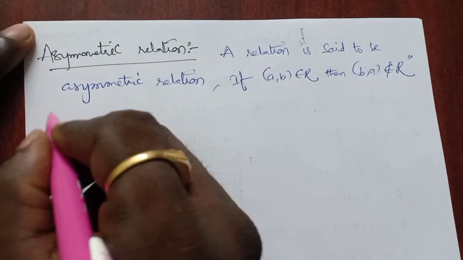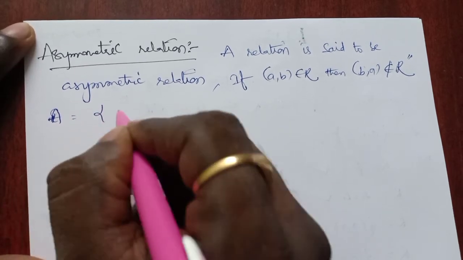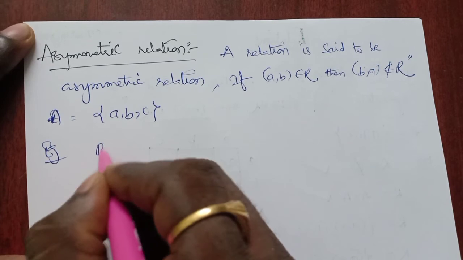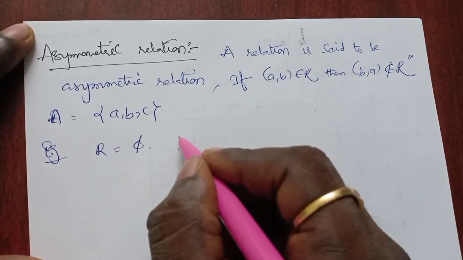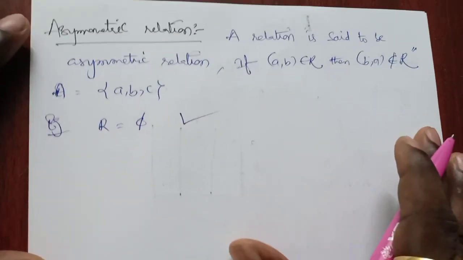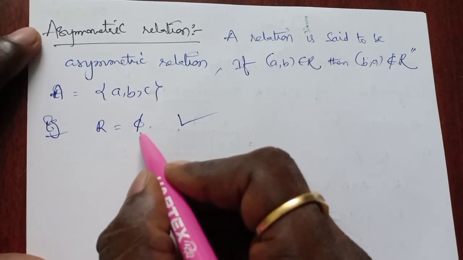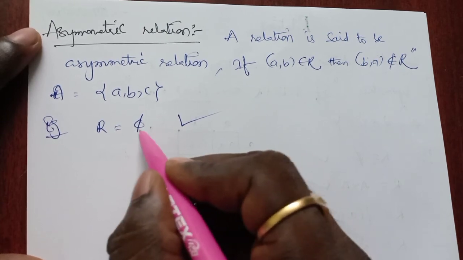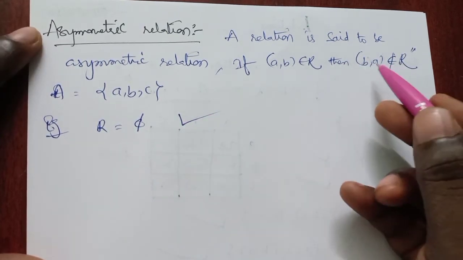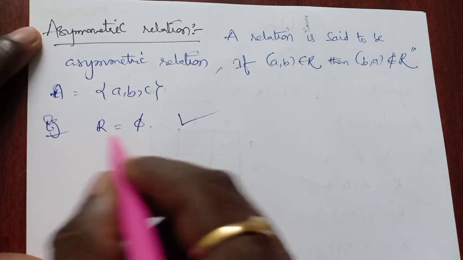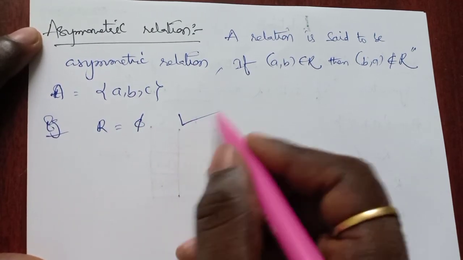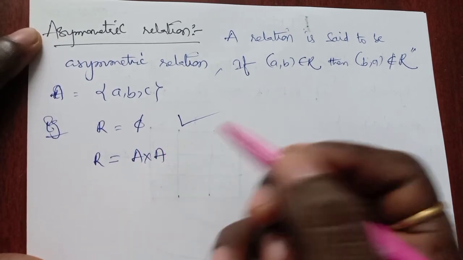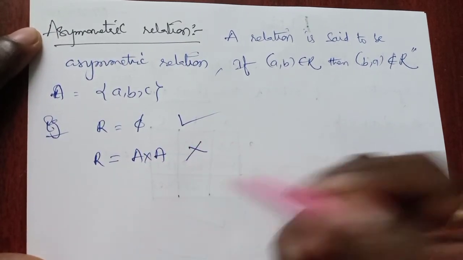For suppose A equal to {A, B, C}. Now coming to the examples, R equal to phi is clearly an asymmetric relation. Why? Because there is no (A, B) which belongs to R. It is empty, so no need to check whether (B, A) is present or not. Now coming to A cross A, clearly it is not asymmetric.